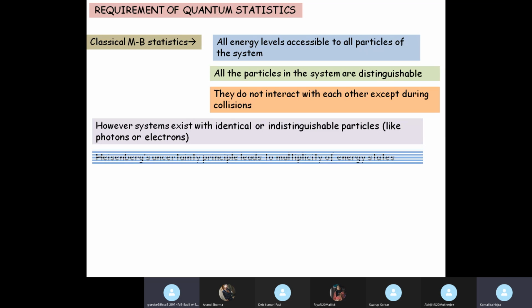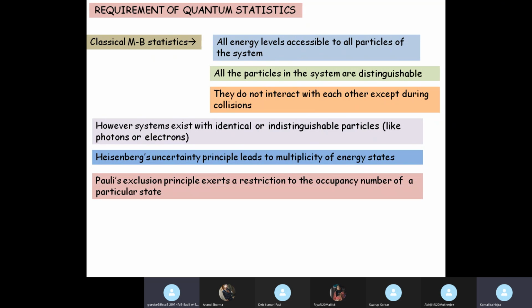Okay. So Heisenberg's uncertainty principle leads to the multiplicity of energy states. Energy states can now have a multiplicity. And Pauli's exclusion principle, we know it exerts a restriction on the occupancy number of a particular state.